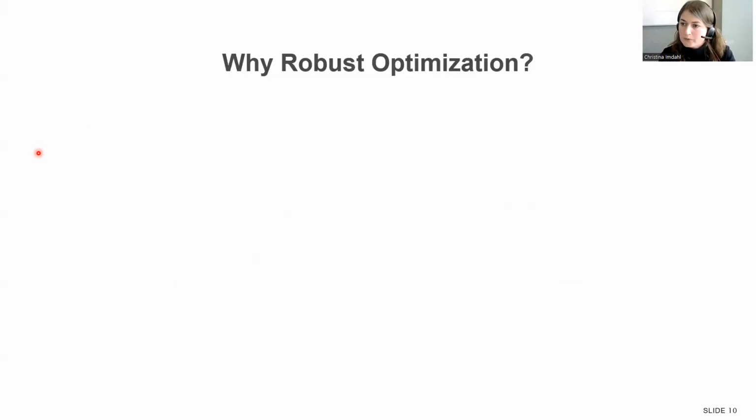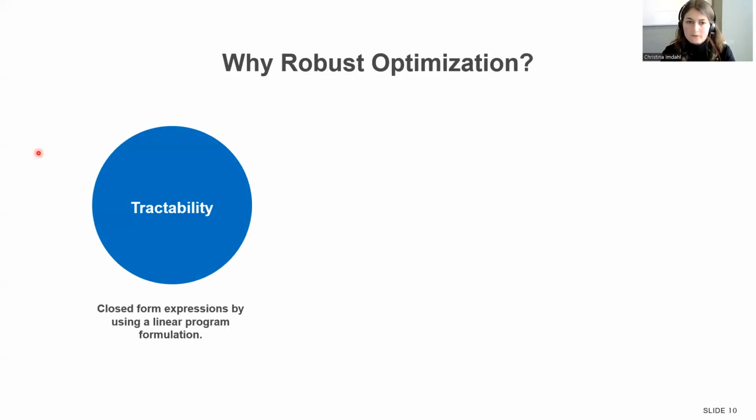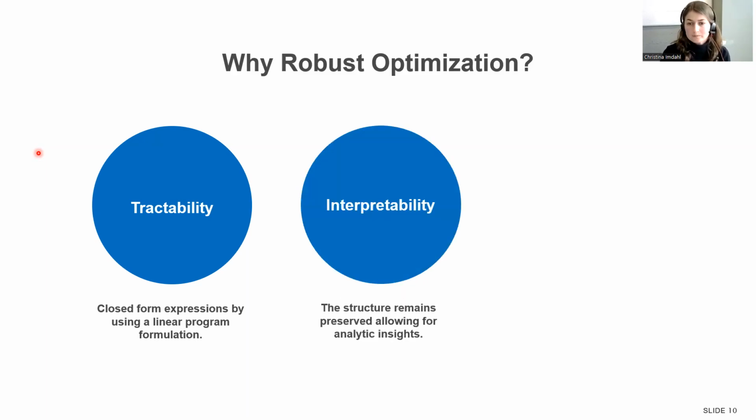So why do we use robust optimization? Well, first, in our setting, it provides tractability, so we can formulate the worst case demand, and by that we can derive closed form solutions for the robustly optimal base stock levels. Second, the policy that we derive, the robustly optimal policy, is interpretable. So it generates insight into exactly when we want to advance and how much we want to advance.